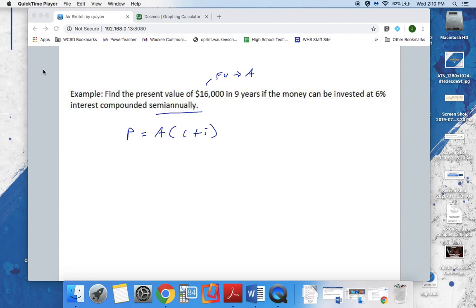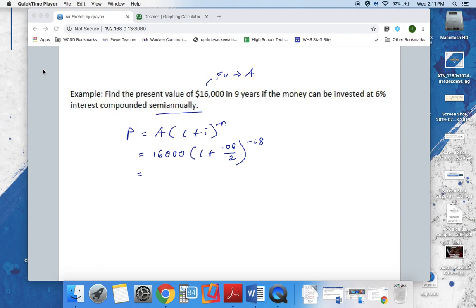A times 1 plus i to the negative n. So my A is $16,000, and this is 6%, 0.06 compounded semi-annually, so twice per year, and then my negative exponent is going to be negative 18, because I have $16,000 that I want to get to after 18 interest compoundings.